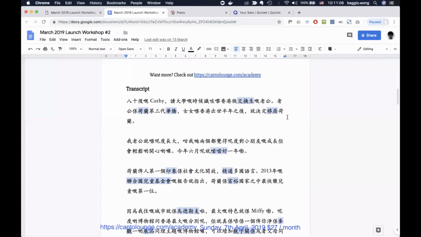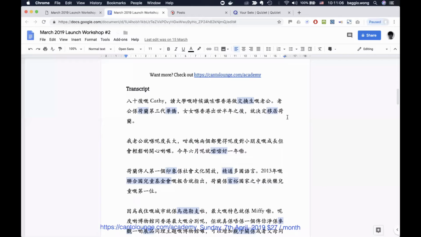Cantonese words. Continuing anyway. 荷蘭係富裕國家之中, so something 之中 means among or amongst, if you want to get all fancy. So among all the rich countries, all the developed countries, all the wealthy countries, Holland is 最快樂兒童嘅第一位. So on a scale of the happiest children, an index of happiest children, it is in the first place.